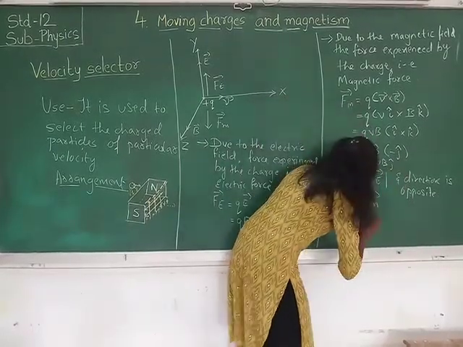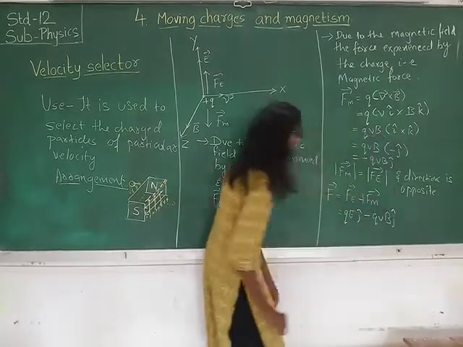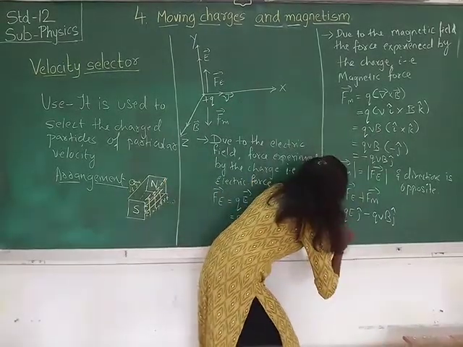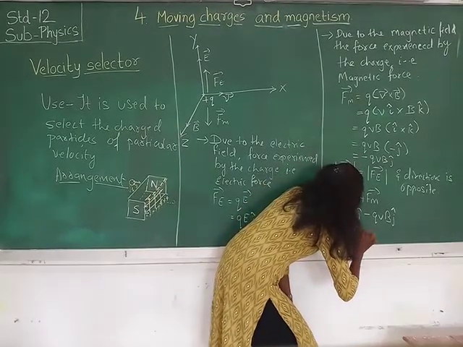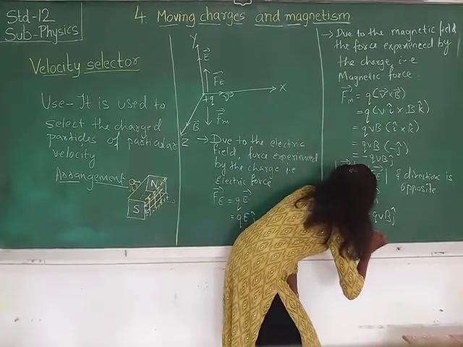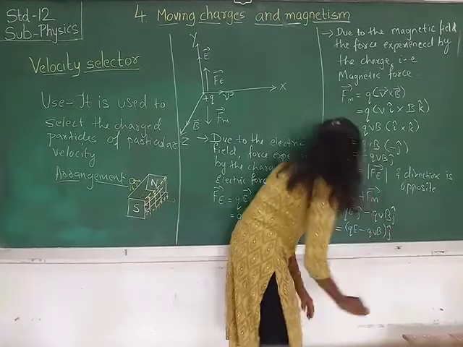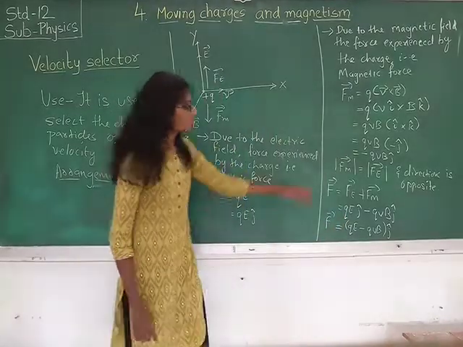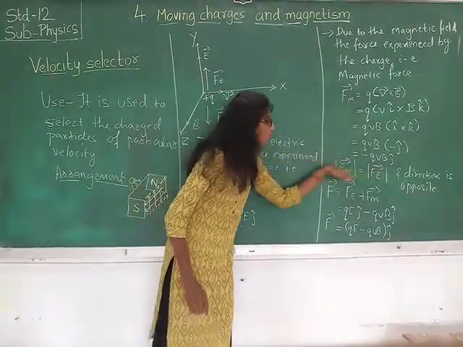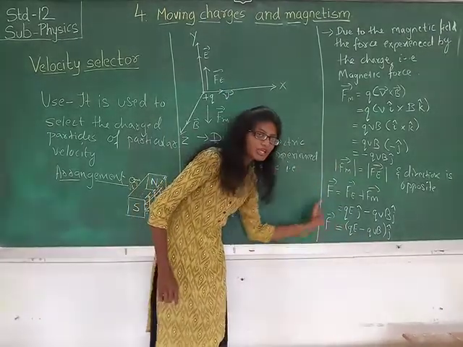Minus is taken in front, so you can write like this: minus qvB j cap. Taking this j cap common, qE minus qvB, j cap. So this is the total force. Now as I said, if these two forces are equal, then the total force becomes 0.